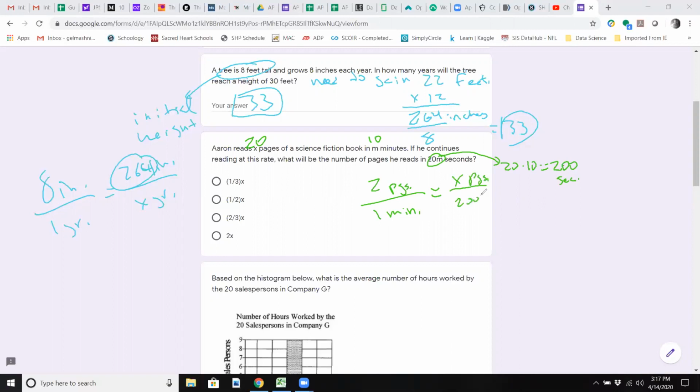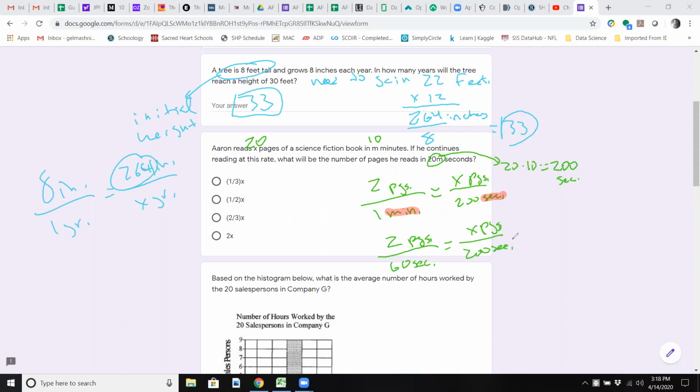So that's a bit of a problem because these units are not the same. So you make them the same. You just do a new ratio and say, okay, 2 pages, 60 seconds, because 60 seconds belongs to 1 minute, and X pages, 200 seconds.